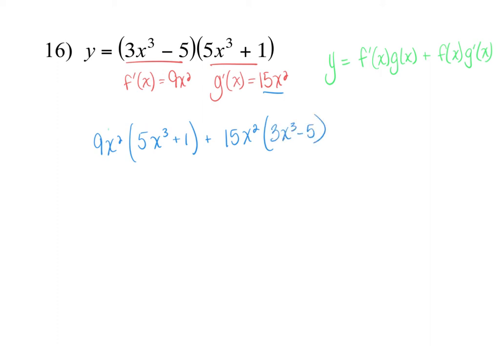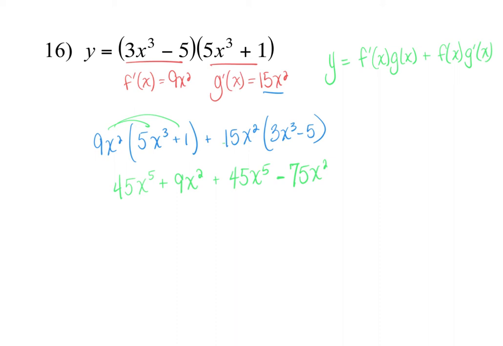And of course, simplify it. You do want to distribute through: 45x to the 5th plus 9x squared plus 45x to the 5th minus, what do I have here? 15, 25, so 75x squared.